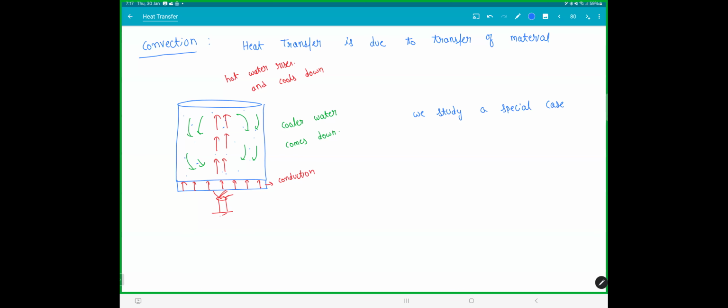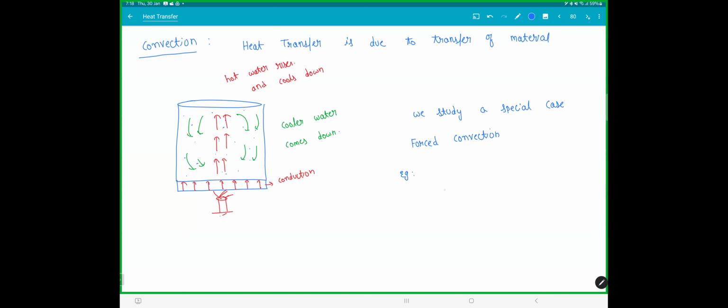Called forced convection. Forced convection means the system is naturally not cooling on its own. The best example is when you're drinking hot tea or coffee, how do you drink? You blow air and then you drink. So you're forcing the system to cool down. It's not cooling naturally.